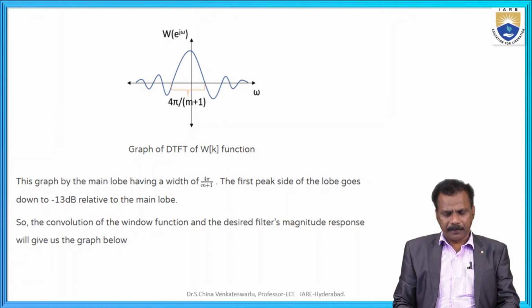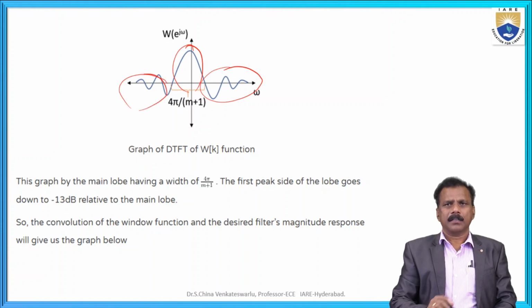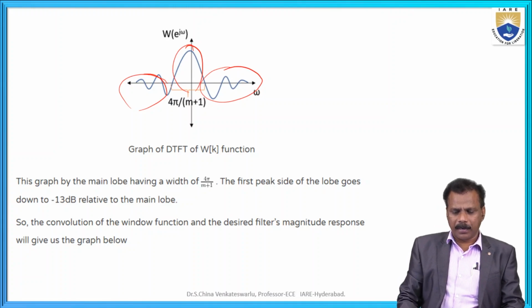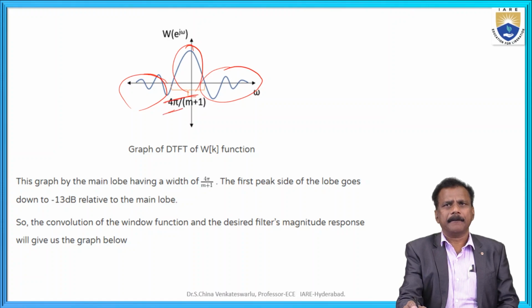It has a main lobe and a number of side lobes. The main lobe width is 4 pi by M plus 1, from here to here.